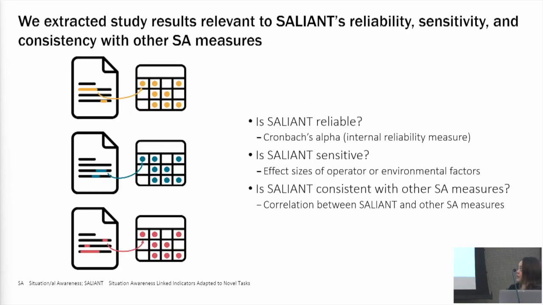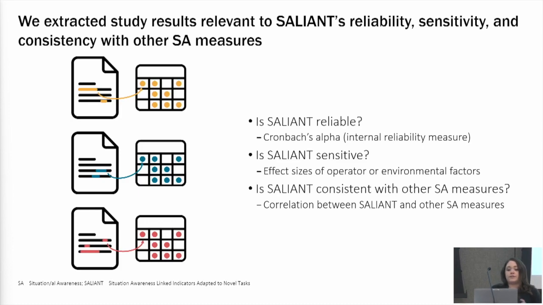So we extracted any data or any reported results related to these two primary questions we had regarding reliability and sensitivity. So if a study reported a measure of internal reliability, such as Cronbach's alpha, we took that and recorded it on a per study basis.